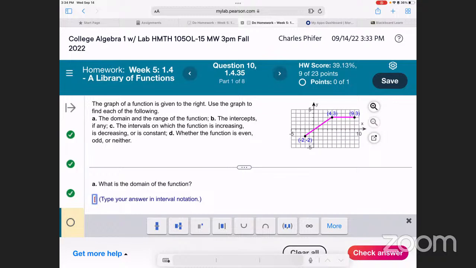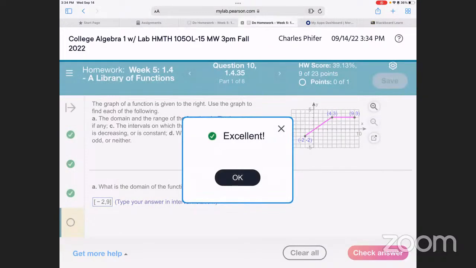We're going from -2 to 9, very left to the very right.